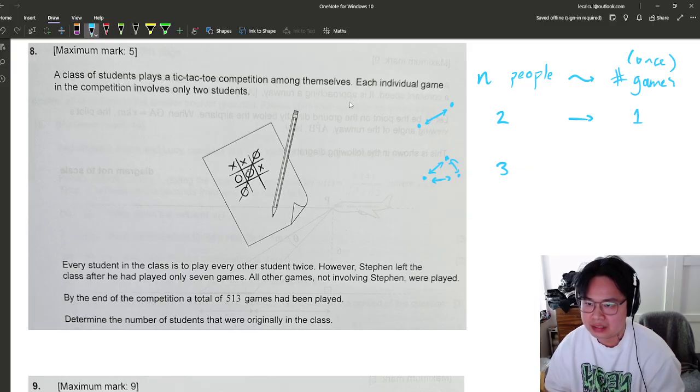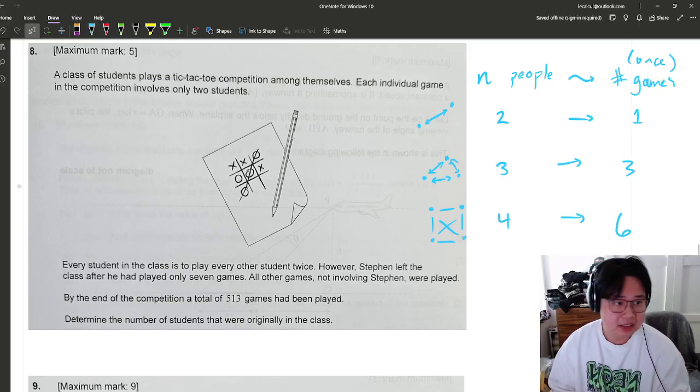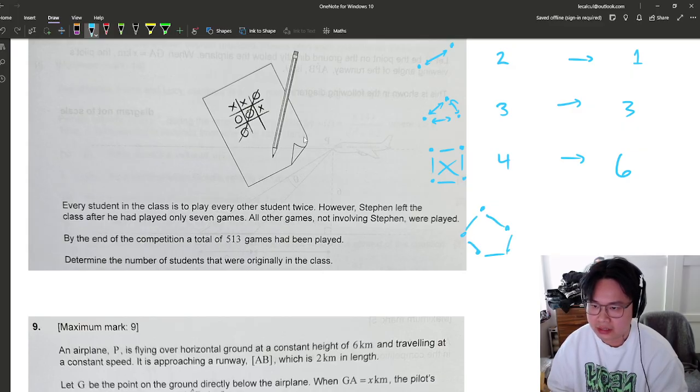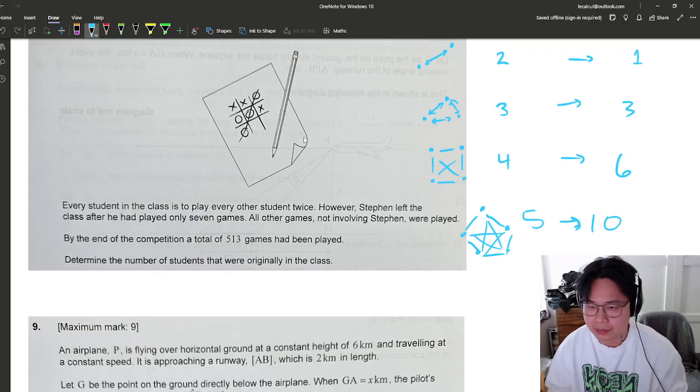So that means you have 3 games played. If you have 4 people, then 1, 2, 3, 4, 5, 6. And maybe this is enough to convince you of a pattern, but if it's not, let's just do 5 people as well. 1, 2, 3, 4, 5, 6, 7, 8, 9, 10. Okay.